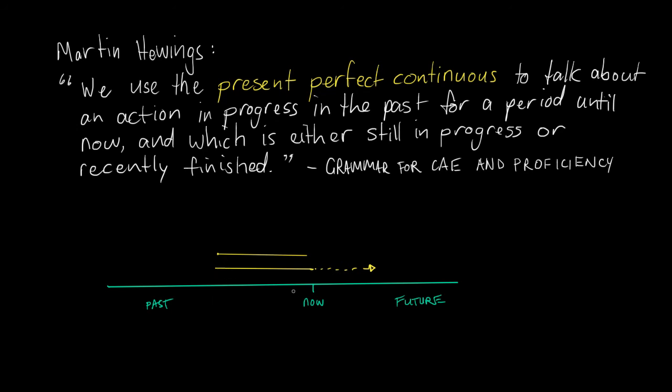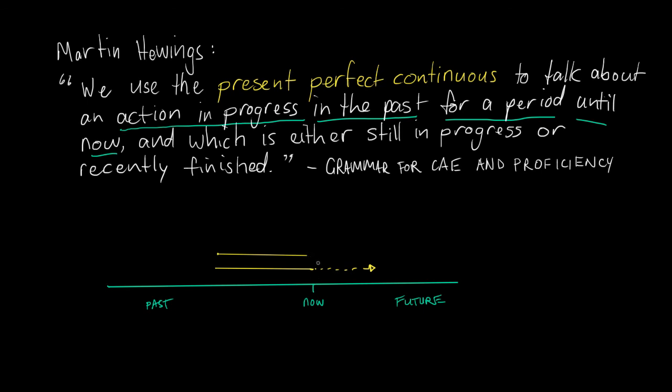So here we have the present, and this time frame here is the past. You can see that in both cases we have an action in progress in the past for a period of time until now. So here is now.